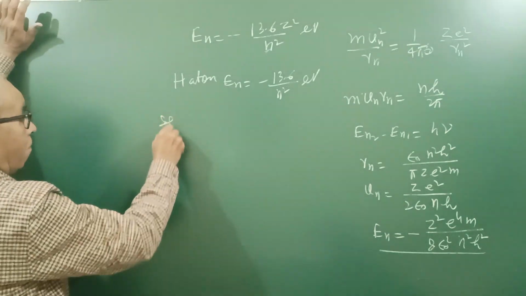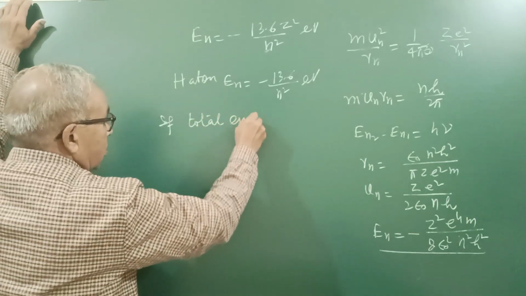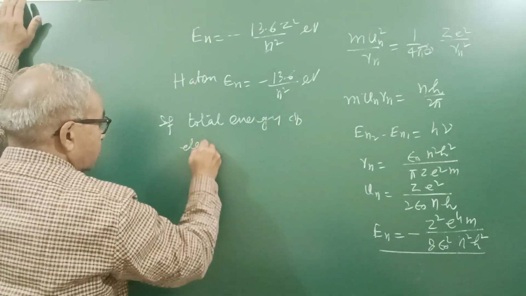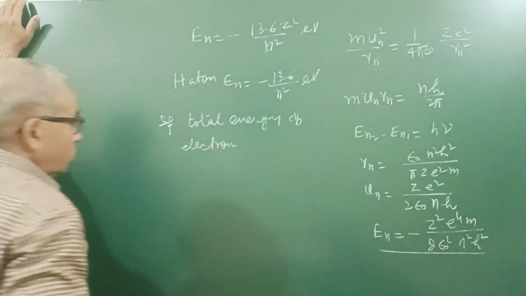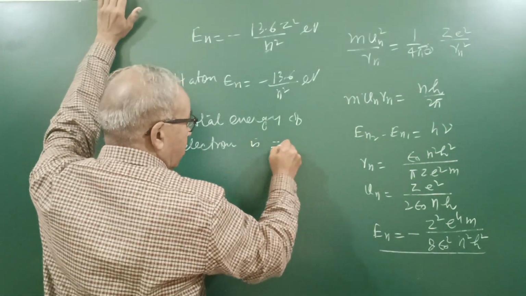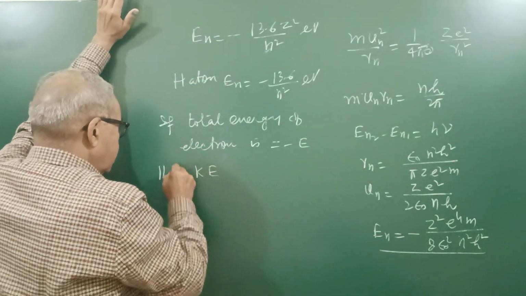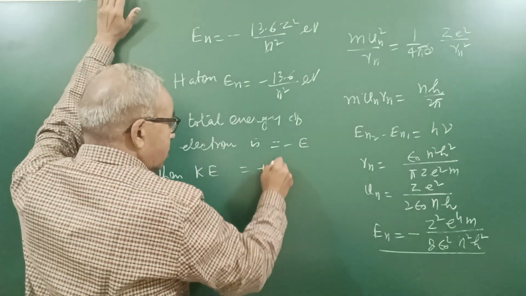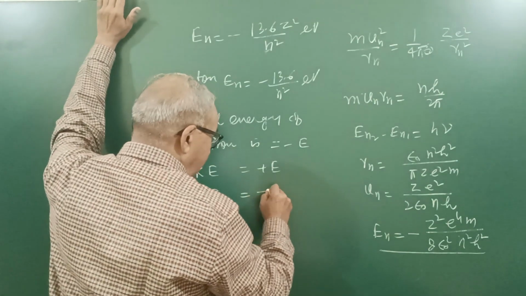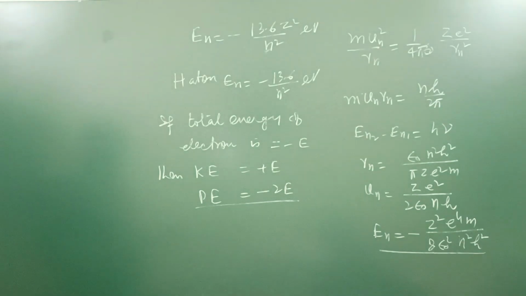And if the total energy of electron is say minus E, then kinetic energy equals plus E and potential energy is minus 2E. So these are some facts.